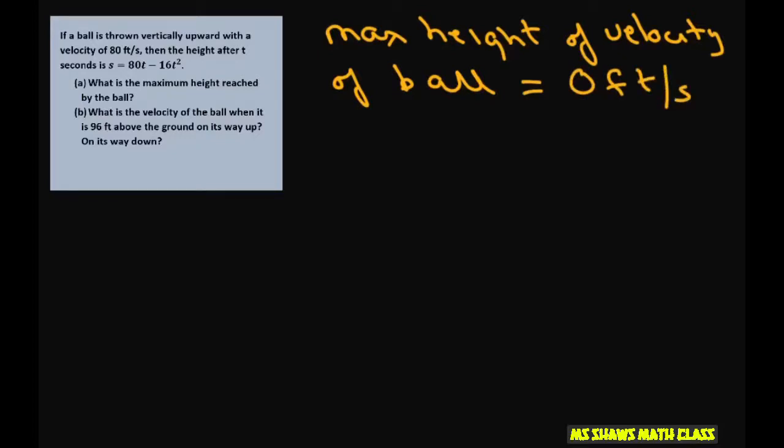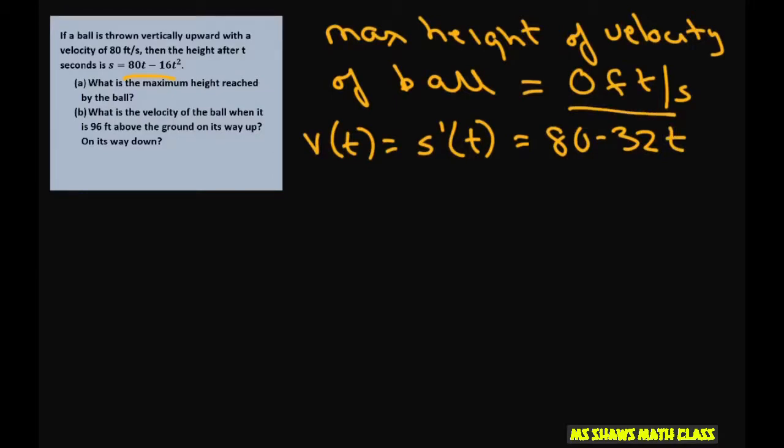So we're going to find the velocity of t, and that is going to be s prime of t. When you take the derivative of this, you get 80 minus 32t.